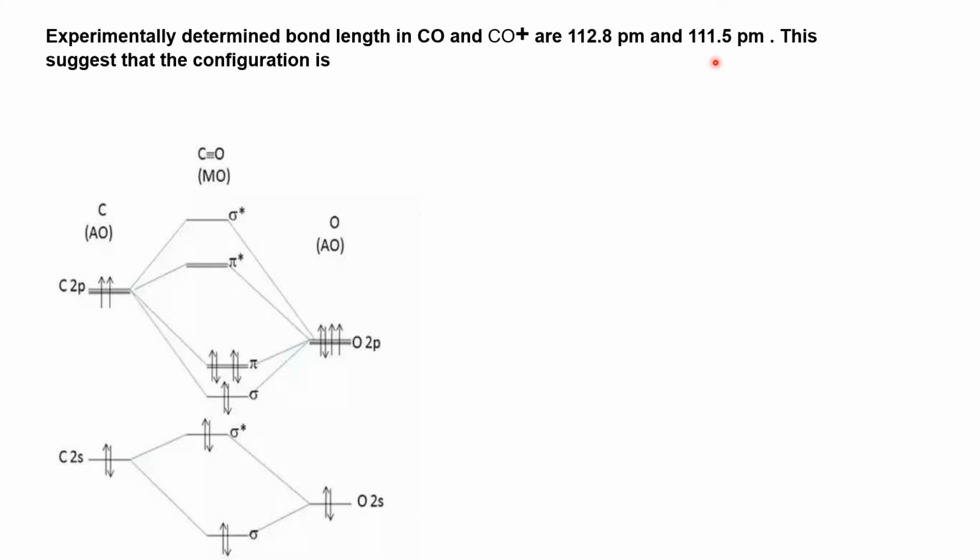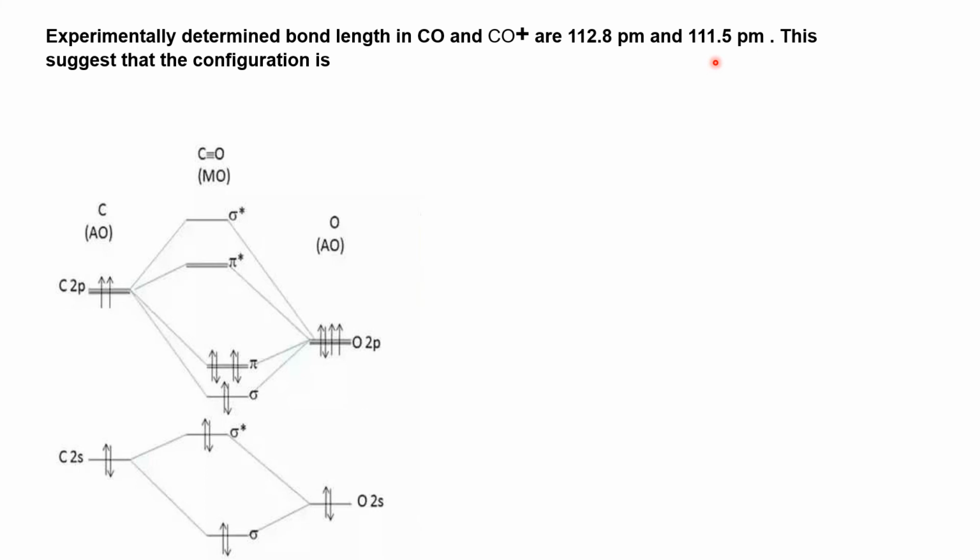Bond order is inversely proportional to bond length. You got it? As the bond length increases, bond order decreases.